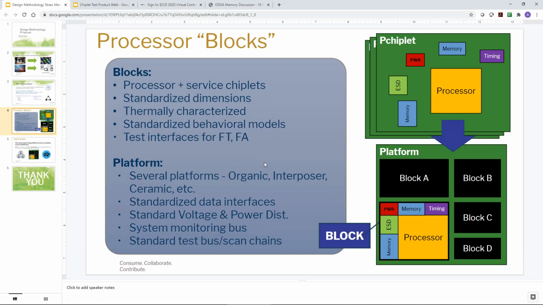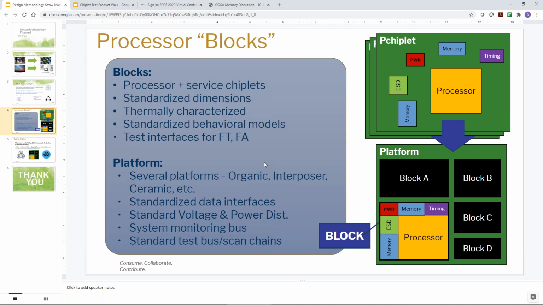Hey, Ali, this is DJ. I have a few questions. Thanks for sharing your thoughts with the community. I see two new terms which have emerged, and I think it's very important and crucial for the ODSA community to converge on the common phrases we use. For instance, here you have a term called platform and a term called block.